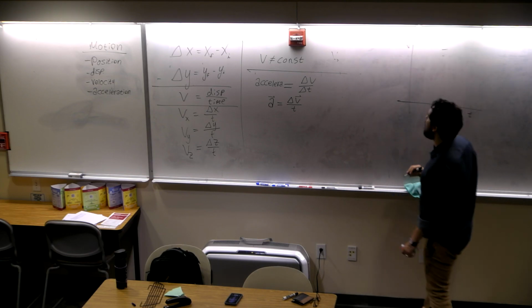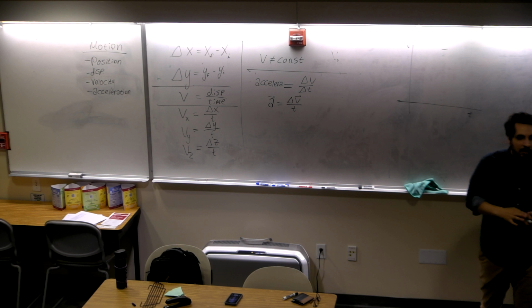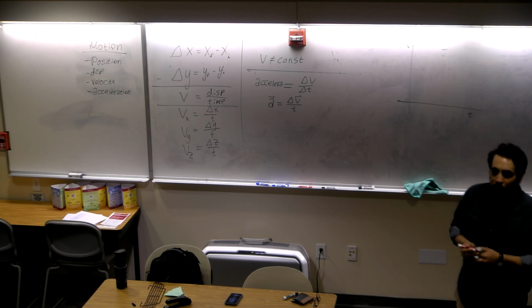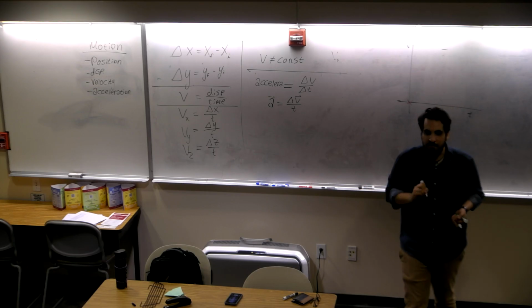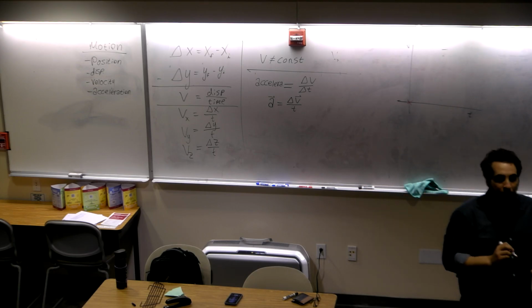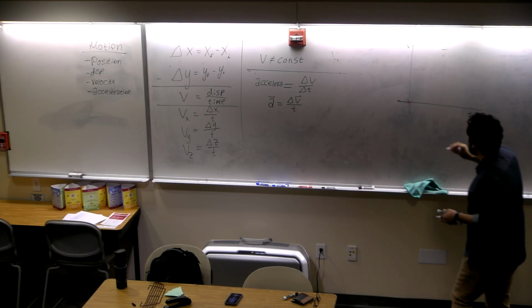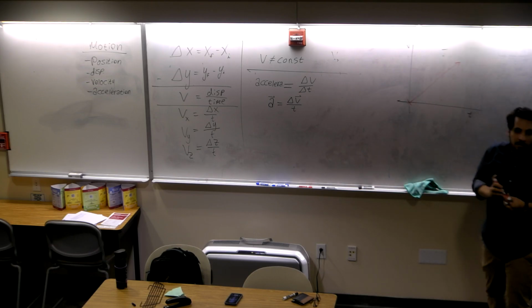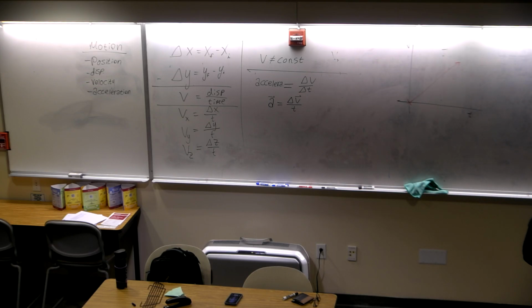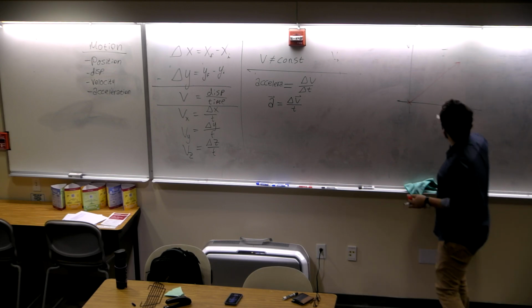When you look at velocity versus time, imagine an object speeding up. Let's say an object starts at 0 velocity at time t equals 0. And over time, the velocity increases. We maybe look at two different points in time.